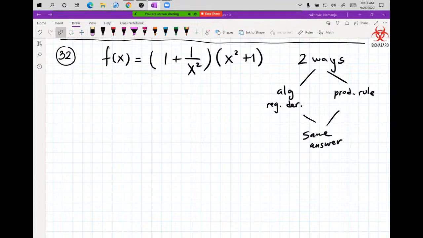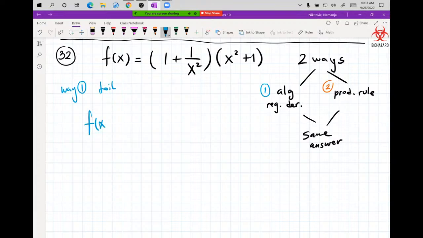We are going to use the algebra way as the blue way, and then we can do orange on the product rule, complementary colors, right? So way one, FOIL, which is algebra.